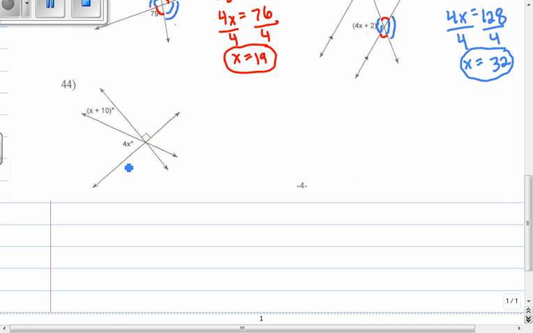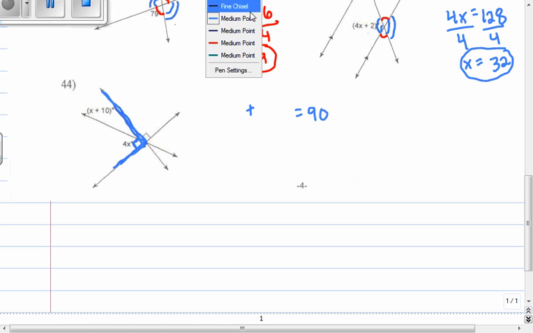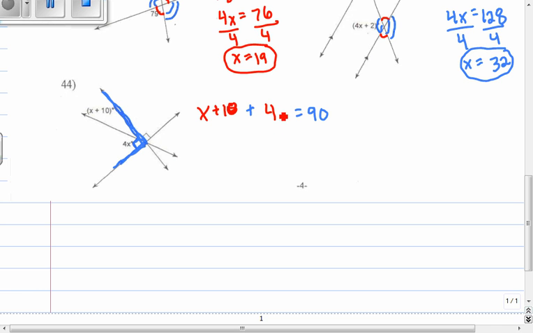Now, on problem 44, these two angles form what kind of angle? A right angle. So they are what? Complementary. Very good. So we can add them up and set that equal to 90 degrees. So x plus 10, add that to 4x.